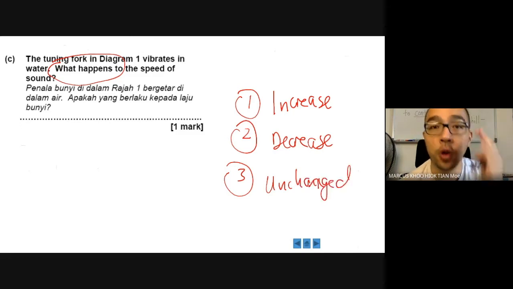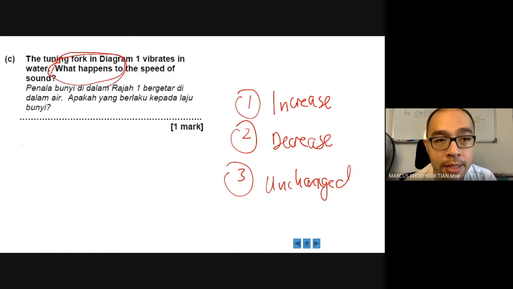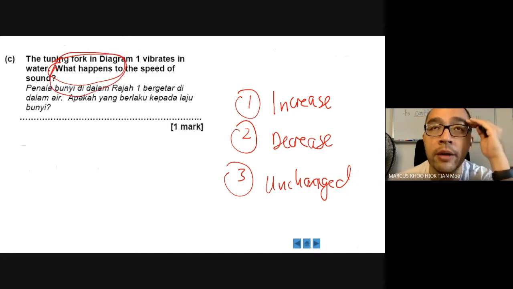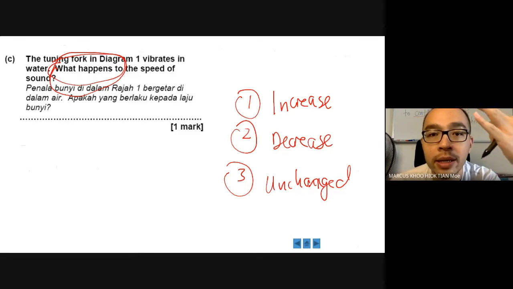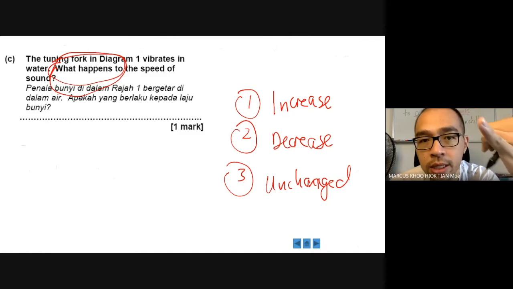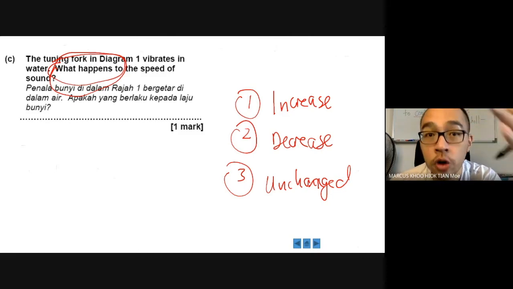So even if you don't know the answer, when you see what happens, set it in your mind that the answer is one of these three. Either it is increasing, decreasing, or unchanged. If you don't know, tembak. Don't leave these kind of questions unanswered. One of these three is the correct answer.